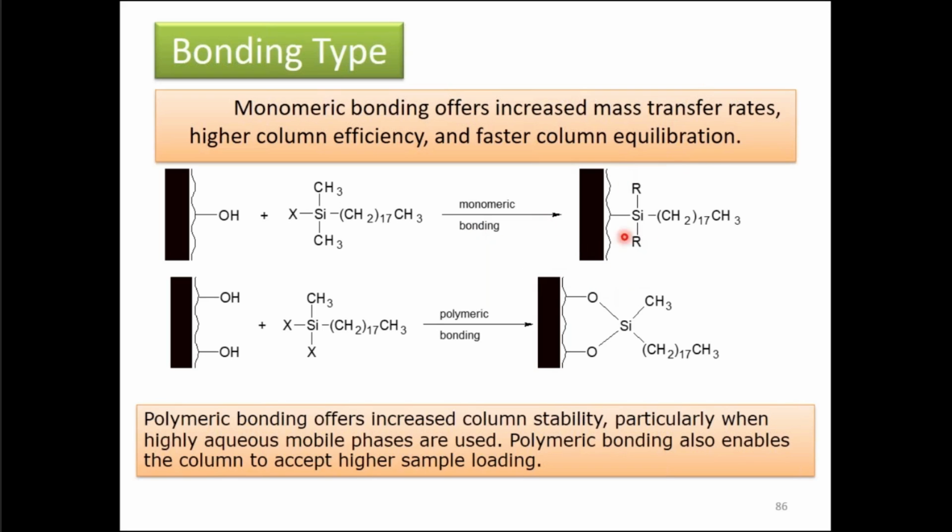But since it is only one, faster equilibration is available. So, higher column efficiency will also be available to you. So, depending upon what your requirement is, you can go for monomeric or polymeric. Generally, we go for monomeric bonding. But if you have highly aqueous mobile phases, then you should prefer the polymeric bonding.